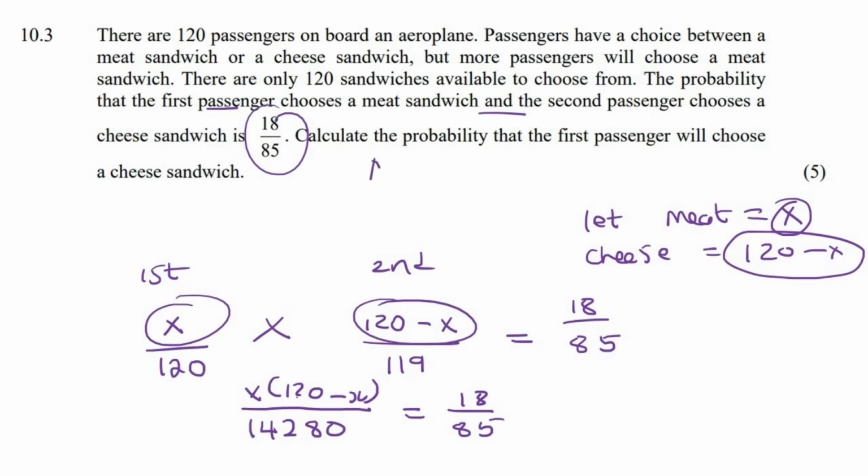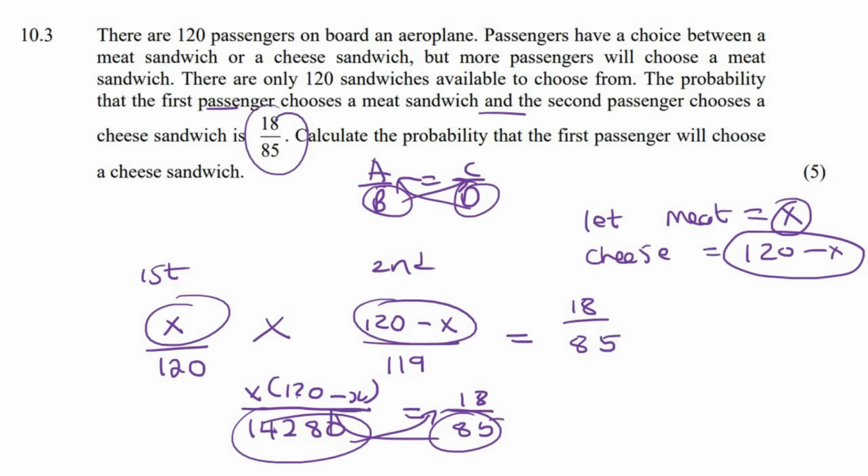Whenever you have a fraction equal to another fraction, we use cross multiplication. So this part goes there, and this part goes to the top left.